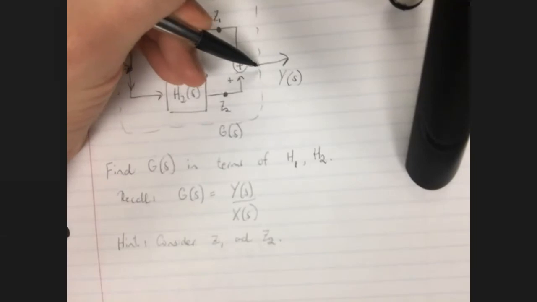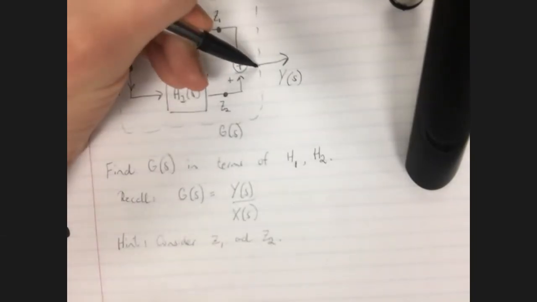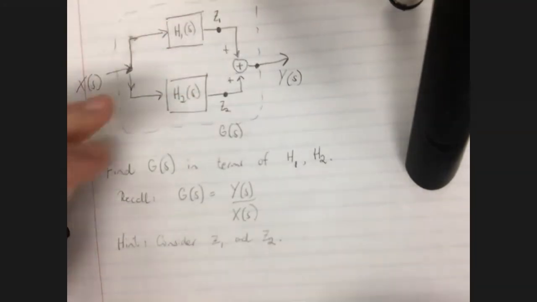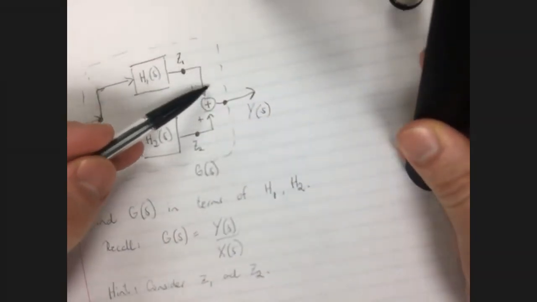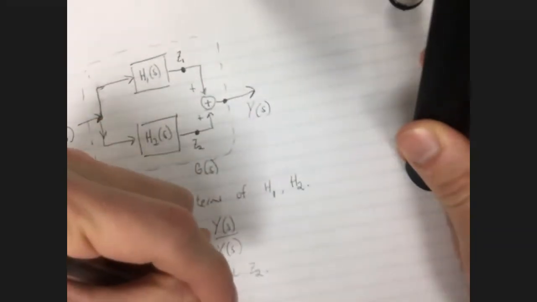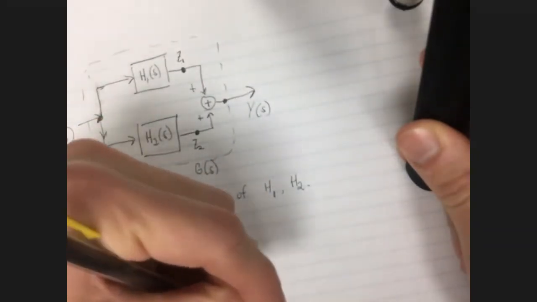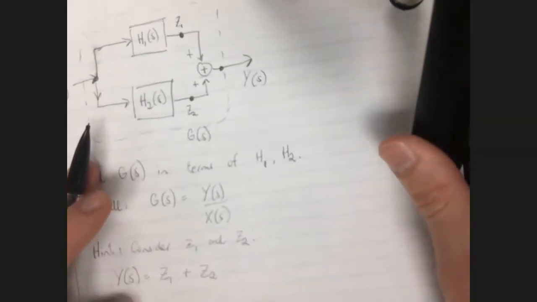The way that I would recommend doing this is to work backward through this. So let's say my Y of S, which is right here. Y of S is going to be equal to, if I look up here, Z1 plus Z2.